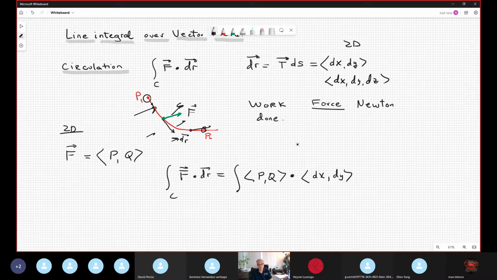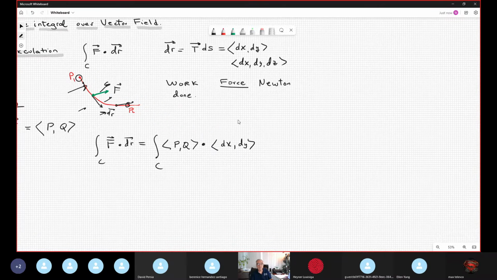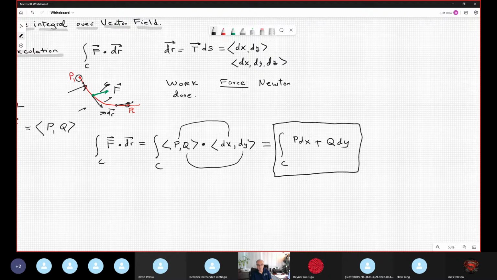Along the curve C. Now, you perform the dot product, which is multiplication of this and this, and this and that. And you have this line integral, P dx plus Q dy. Wow, fantastic formula to compute the circulation line integral.